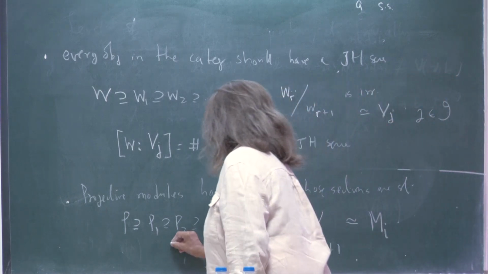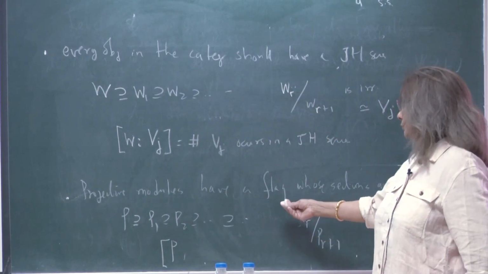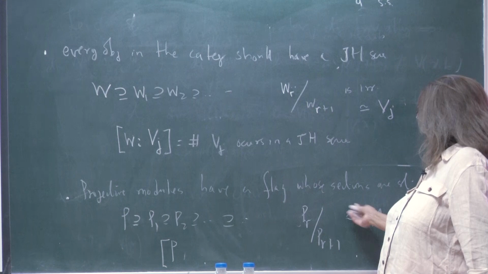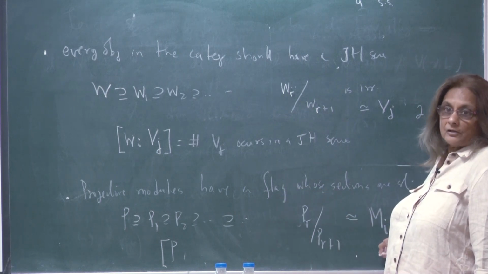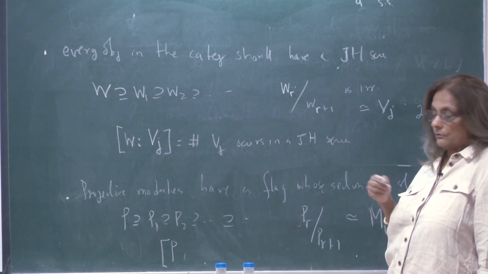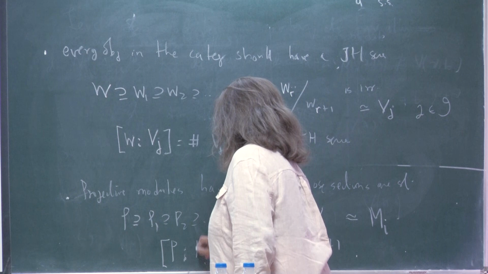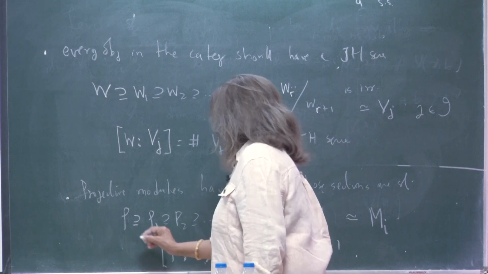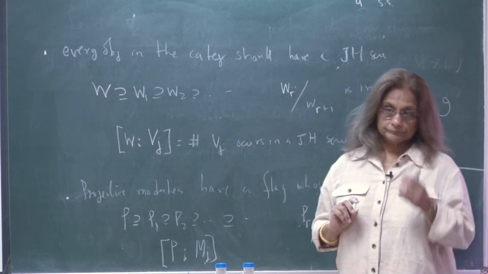And then you want to prove, of course, that for this flag, no matter what flag you take, the Verma modules which appear in it are unique up to permutation. And then you have this number, the multiplicity of Mj in P. Maybe let's call this Pi. Yes, so the multiplicity of Mj.